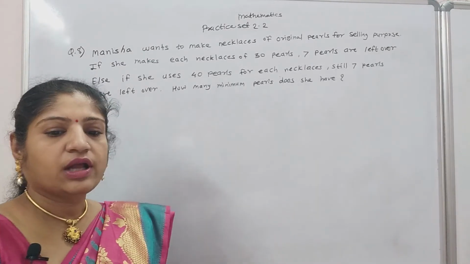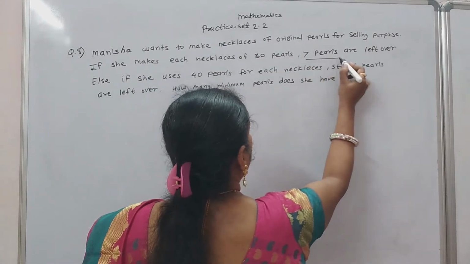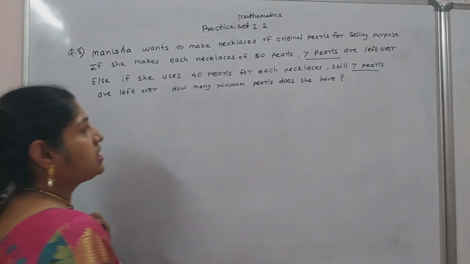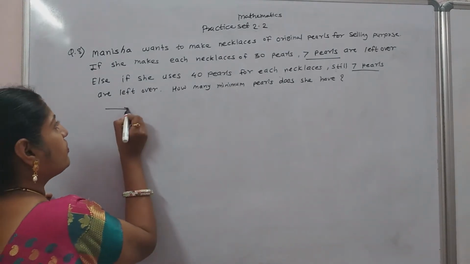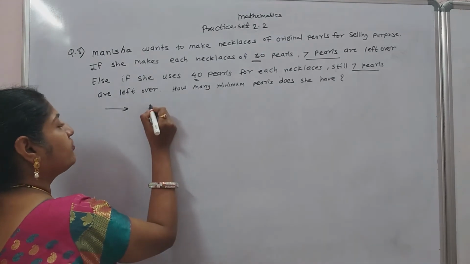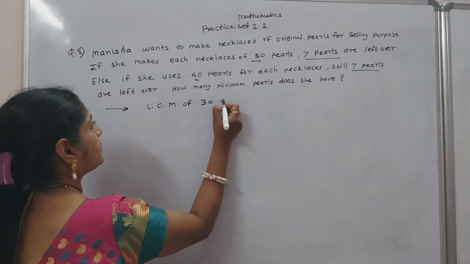Now there are 7 pearls left in the first case, and still 7 pearls remaining in the second case also. So we have to first find the LCM of 30 and 40.